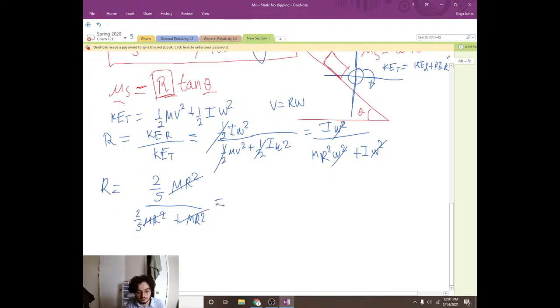But what matters here is the constant in front of the moment of inertia. So you get 2/5 over 2/5 plus 1.